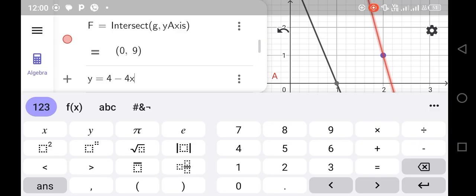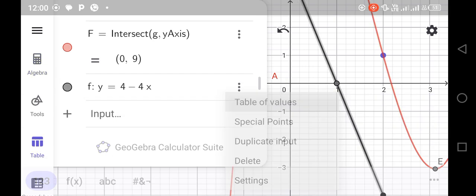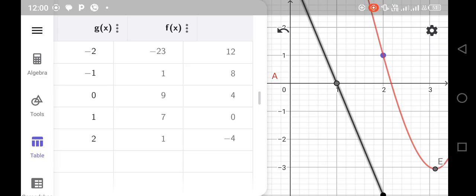The equation can be written in the form y is equals to mx plus c, which means it's going to give us a line graph. Now let us have the table of values.